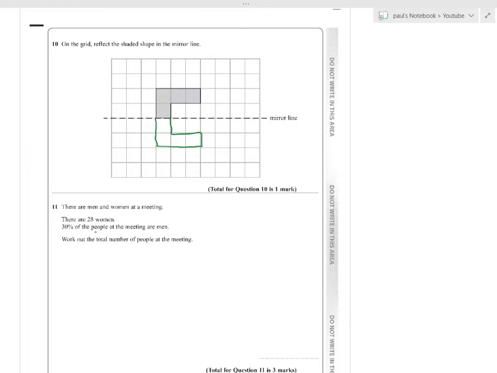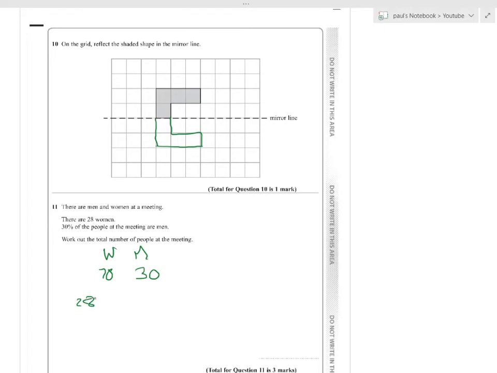So, 30% are men. So that means 70% are women. So we've got women to men, we've got 70% and 30%. So the women, 28.